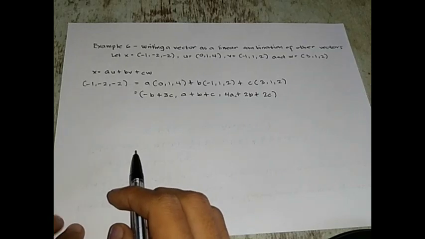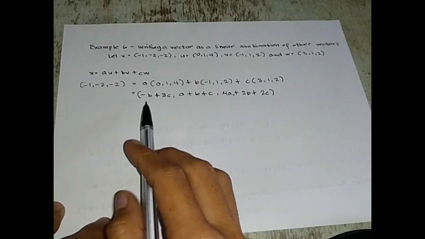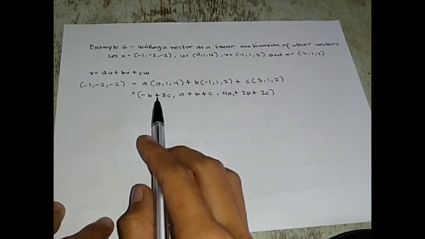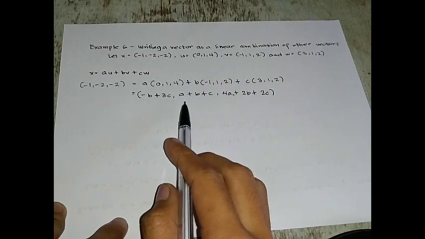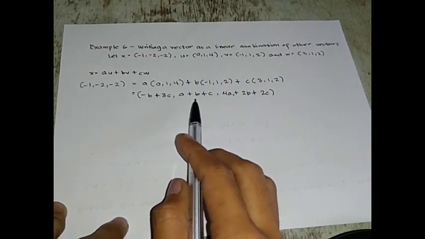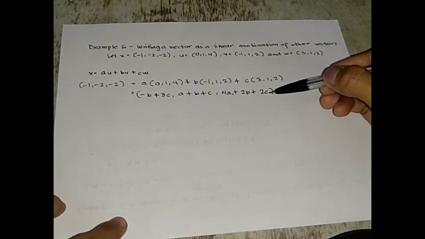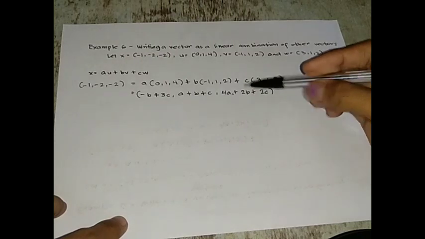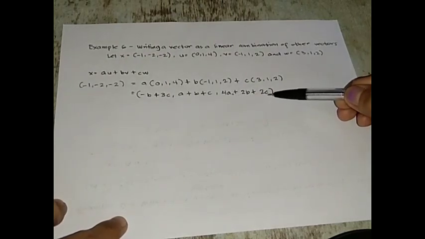So, the first equation from the first component is negative B plus 3C, the equation from the second component is A plus B plus C, and the equation from the third component is 4A plus 2B plus 2C.